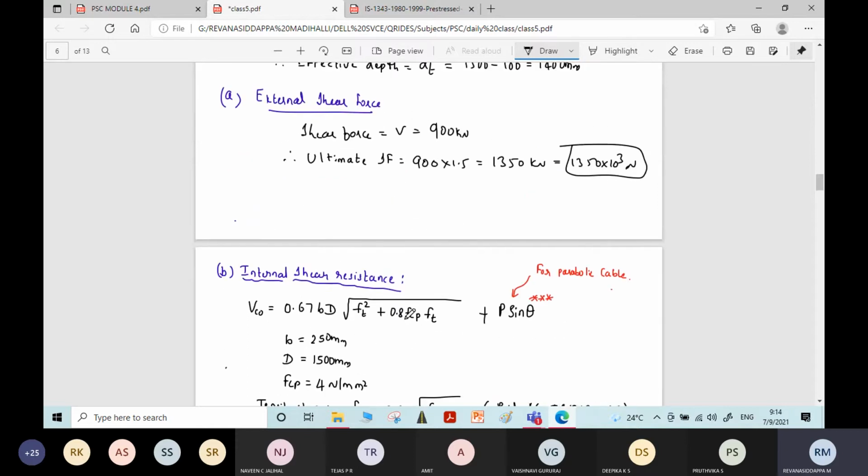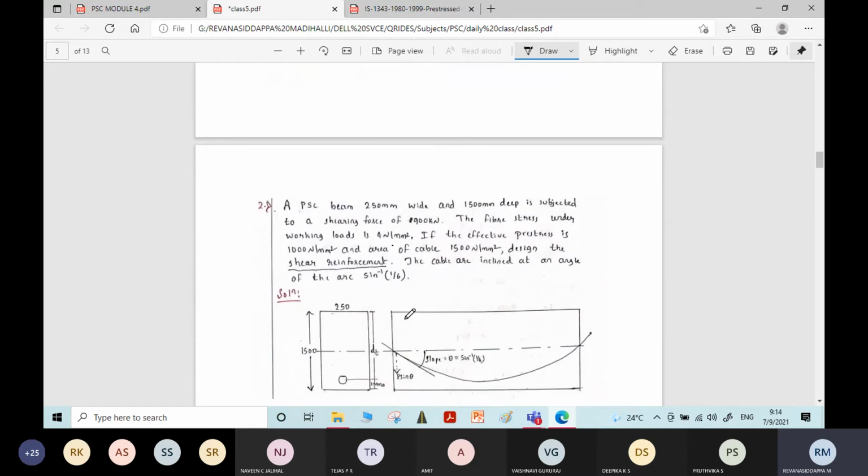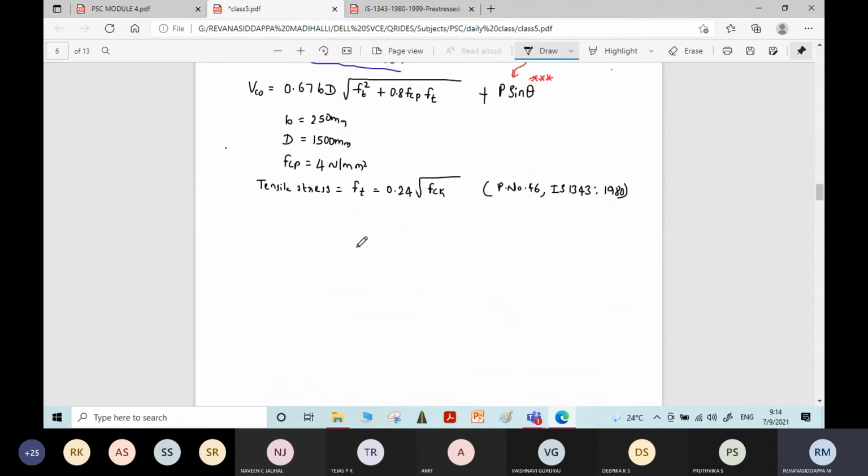The FCK value again it is not given, correct? Grade of concrete, grade of prestressed concrete is not given. If it is not given, by default you assume FCK equal to 40 Newton per mm square.